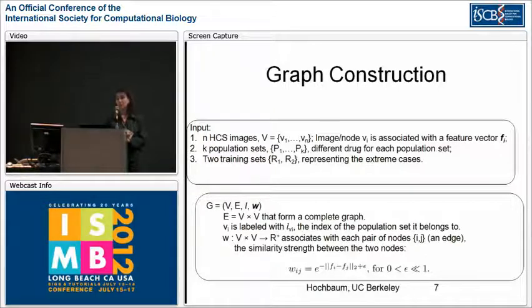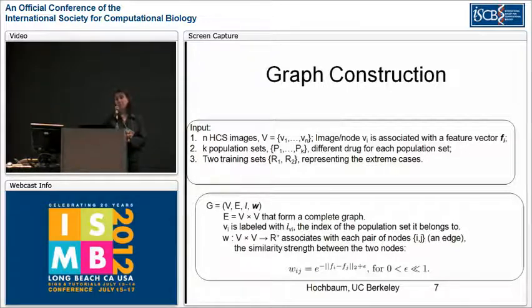R1 is a bunch of images of intact mitochondria cells, and R2 is a bunch of images with totally fragmented mitochondria cells. So the graph consists of the set of nodes, the set of edges, those labels that correspond to the population set, and the set of weights, which I'll tell you now how they are achieved.